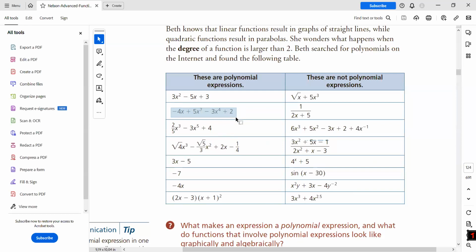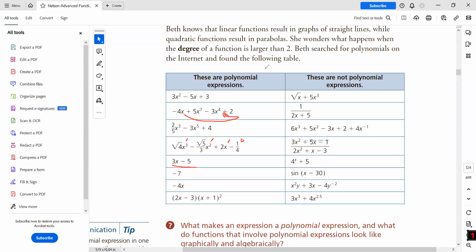I'm not really sure why here they put minus 4x in front, but basically, if you move minus 4x here, it would be a polynomial expression as well. Then you can see here third, second, first, zeroth power. So exponents are positioned in order of decrease. The greatest exponent comes first, the second one is the next exponent, and so on.